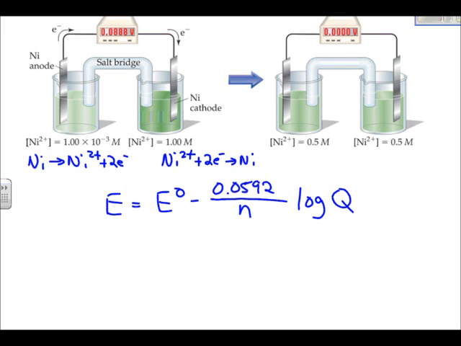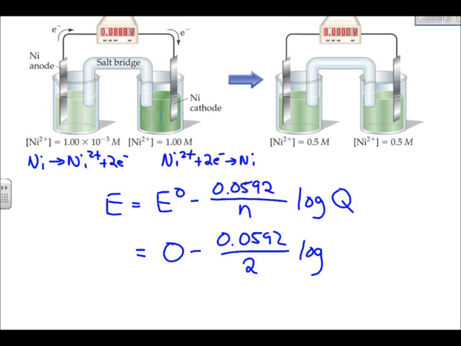Well, we know that the E0 for the cell, since we have the same reaction in both places, is going to be 0. The standard potential will be 0, minus 0.0592 divided by the number of moles of electrons, in this case 2 moles. So 2 down there, and then log.